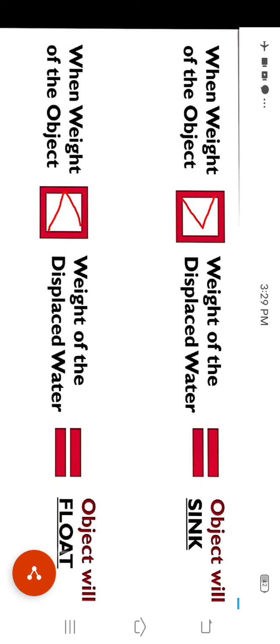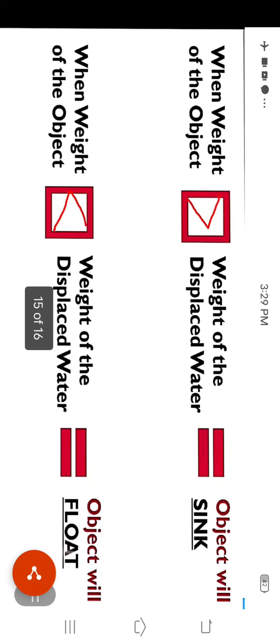Students, let's understand. When the weight of the object is greater than the weight of the displaced water, then the object will sink. Again I want to make you understand, when the weight of an object is more than the weight of the displaced water, then the object will sink.